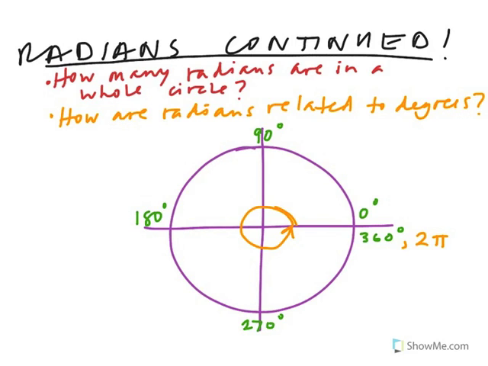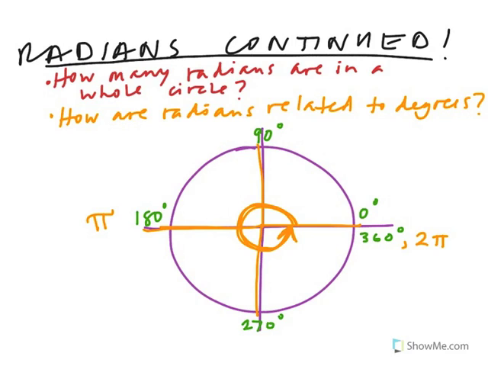Now, if we know that the whole thing is 2 pi, let's figure out what the in-between angles are. If the whole circle is 2 pi, then half of a circle, aka 180 degrees, should be half of 2 pi, which is just pi.